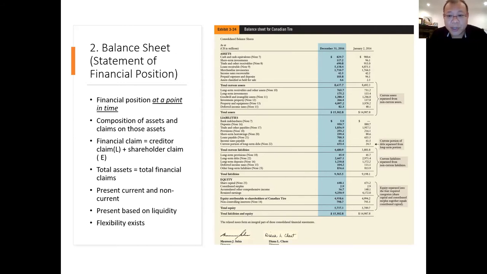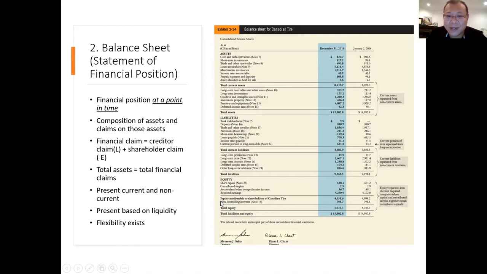So this is the statement of financial position, the balance sheet. The key here is the time. It's a point in time. The total assets is also called the total financial claim. The creditor claim is the liability, and the shareholders' claim is the equity.